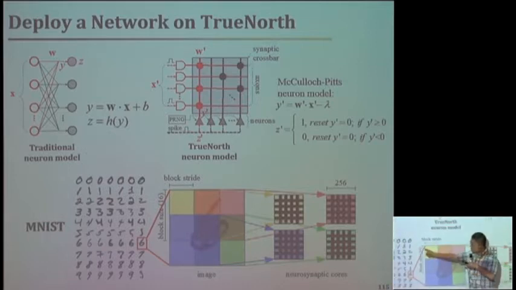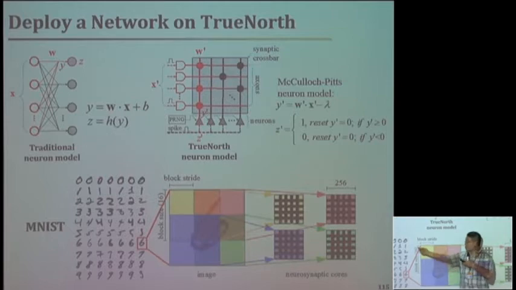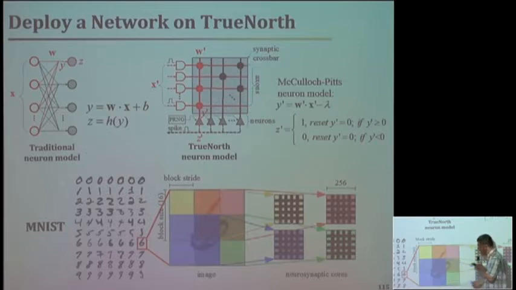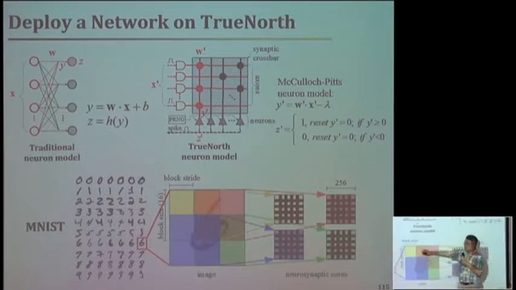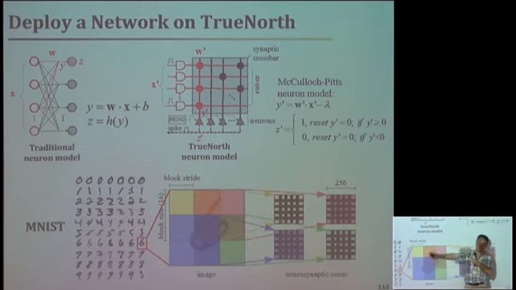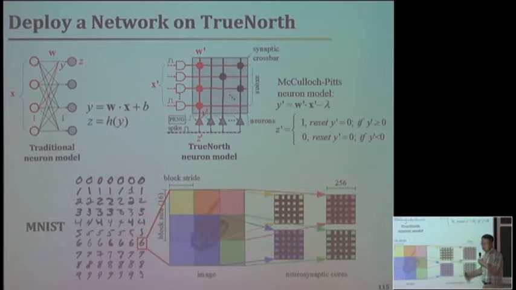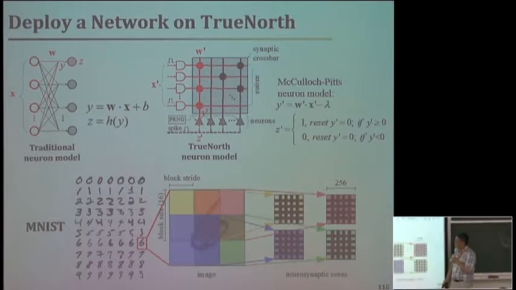In this case, 28 minus 16 equals 12, which means we need to move 12 pixels to cover the whole thing with 4 blocks. And for different colors, we need 3 times more, like RGB, to represent things. Okay, so that's how things work.